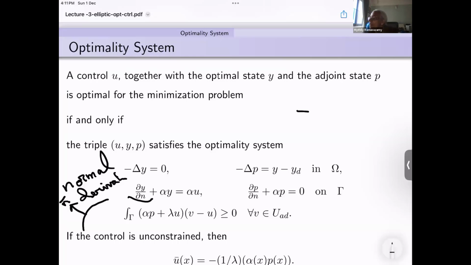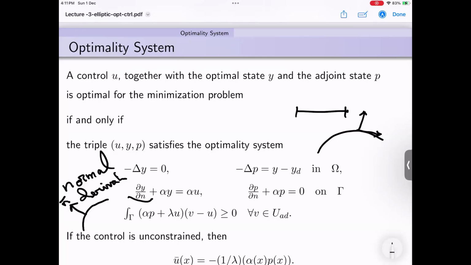In the simple one-dimensional case, it will be just the derivative. Otherwise, if you are on a two-dimensional curve, you have either tangential derivative or normal derivative. So d by dn is the normal derivative. That is the only question.